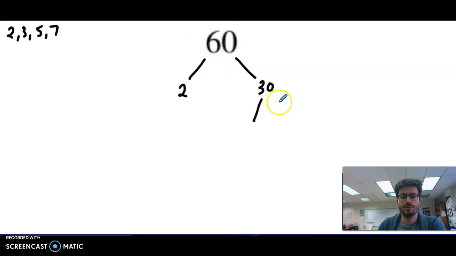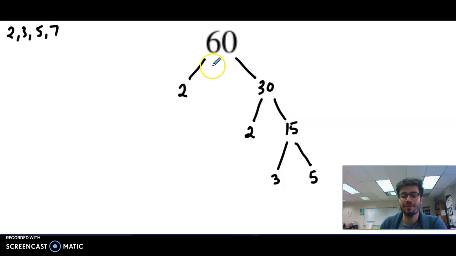So I want two numbers now that multiply to give me 30. I could try 2 again. So 2 and 15. 2 I can't split up anymore, but 15 I can. 15 cannot be divided by 2, but we can try 3. 15 divided by 3 is 5.